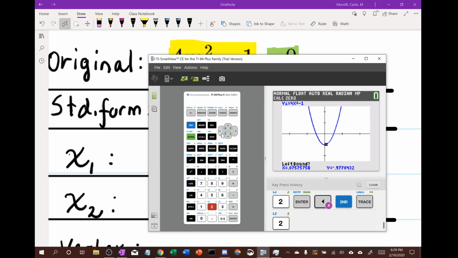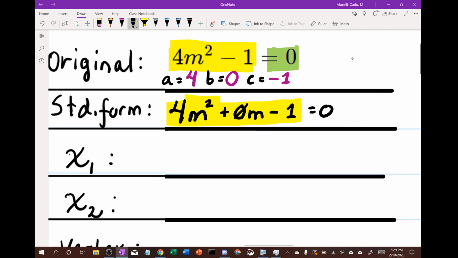And then we're going to go to the left until we are above and to the left of the x-intercept for the left bound. And then we'll do right bound below and then hit enter. So we have a 0 at -0.5. That's 1. So this would be -1/2, comma 0. You could say -0.5. Doesn't matter to me.